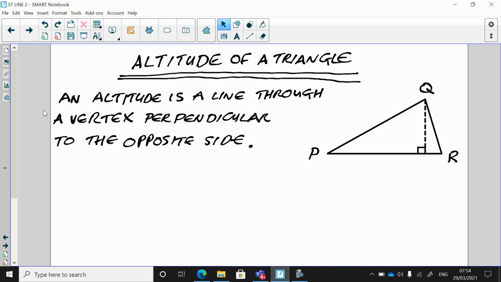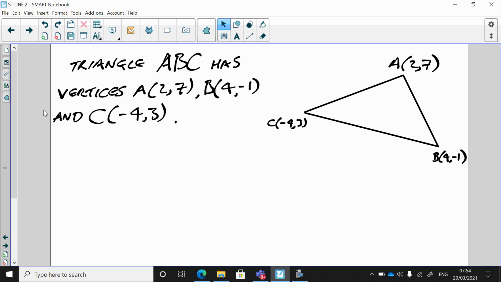So I'm coming directly from Q with a line. It's at right angles to, we can call it, just the line PR. So we refer to that as an altitude.